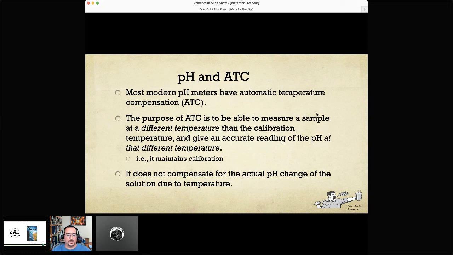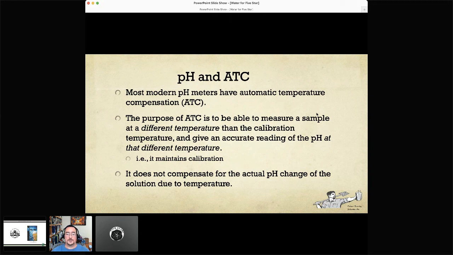Let's say that wort sample is at 90 degrees Fahrenheit or 35 degrees Celsius. The ATC keeps the electrode in the meter calibrated so it gives you an accurate reading of the pH at that different sample temperature. It doesn't compensate for the actual change of pH due to temperature of the solution.